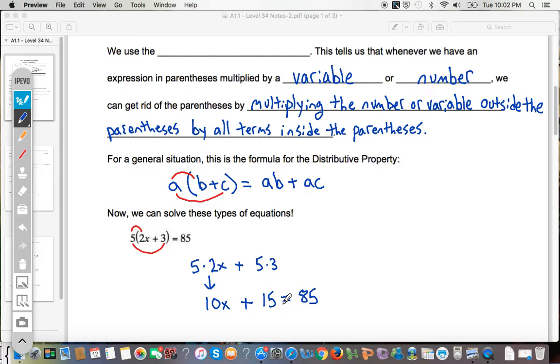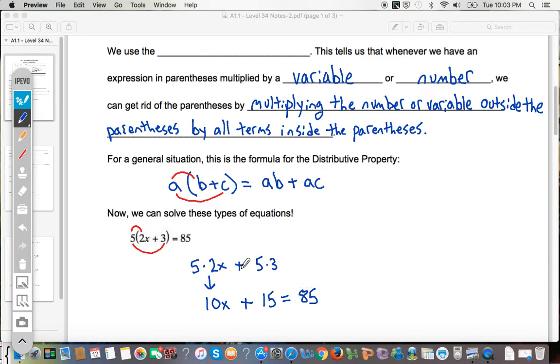So just like in level 2, what we wanted to do was get the expression that had the variable by itself. That way we would have a one-step equation with one variable, which is level 1. So we were just trying to break it down as much as we could so we could get to a level 1 problem and solve a level 1 problem. That's what we did in level 2.